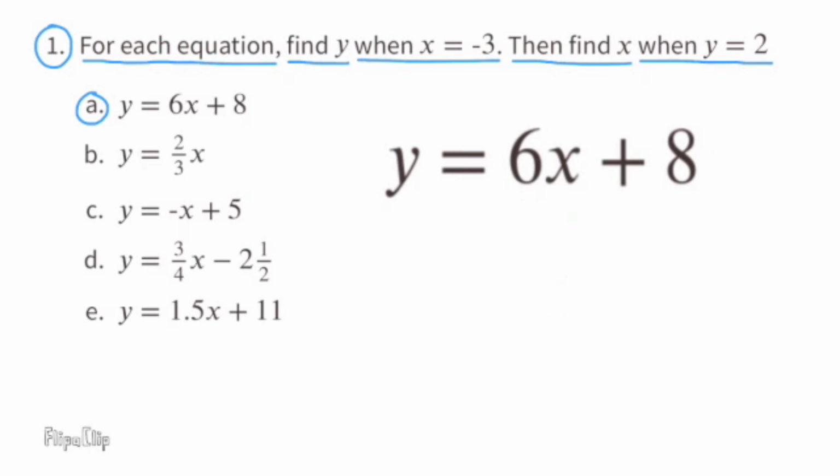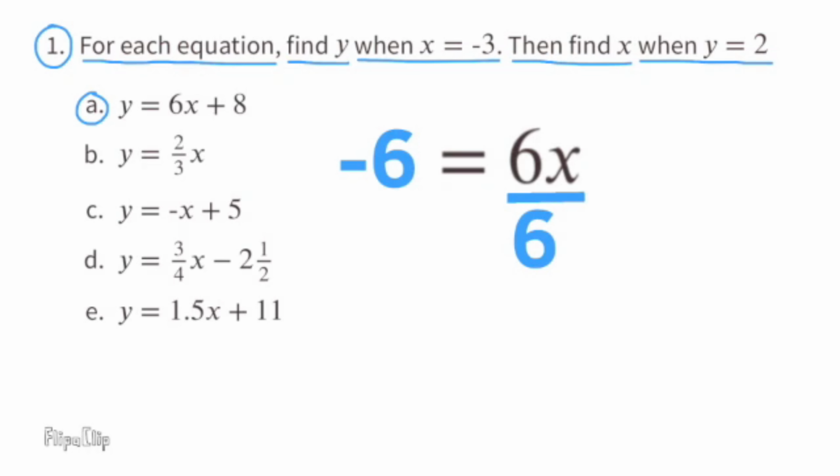Now we need to substitute the y with a 2, so it reads 2 equals 6x plus 8. I need to subtract 8 from both sides. 8 minus 8 is 0. 2 minus 8 is negative 6. So now it reads negative 6 equals 6x.